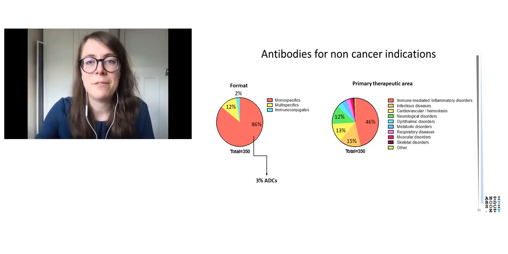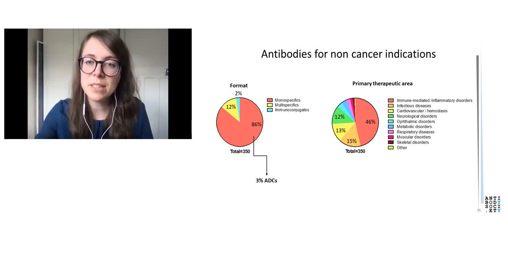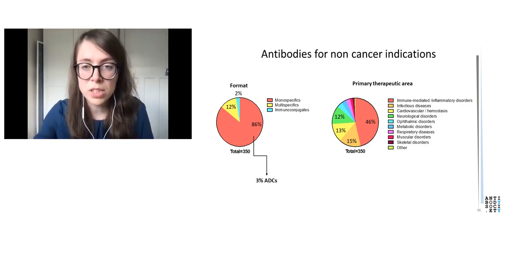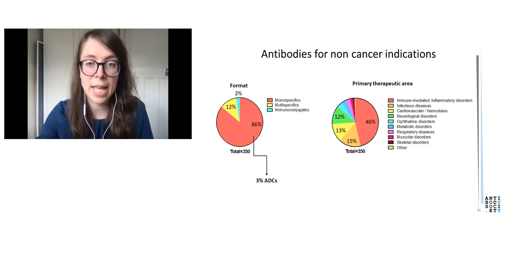Then this is a very heterogeneous group, so we have stratified these molecules according to the primary therapeutic area. So almost half of these antibodies are for immune-mediated and inflammatory disorders, 46%, followed by infectious diseases, cardiovascular hemostasis, neurological disorders, ophthalmic disorders, metabolic disorders, respiratory disease, muscular disorders, skeletal disorders, and other.